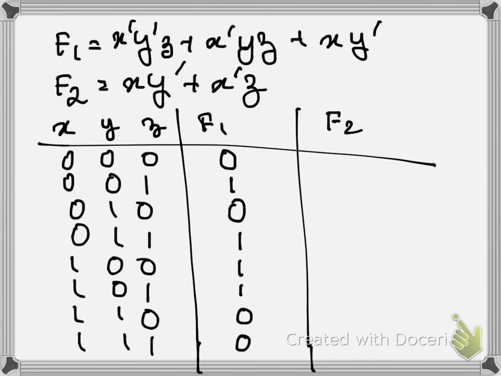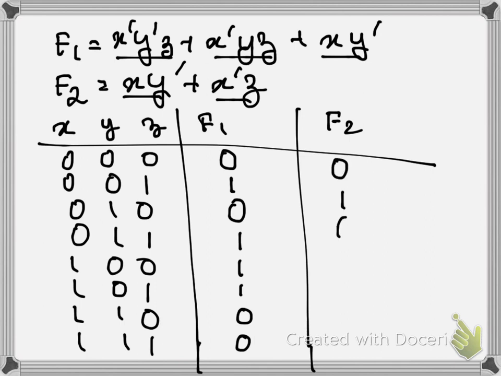I'm leaving it to you to work out each of these individually and then construct f1. In the same way for f2, I can write down x y' as one column, x' z as another column, and then do the OR of both and get f2. But let me just write it down here.